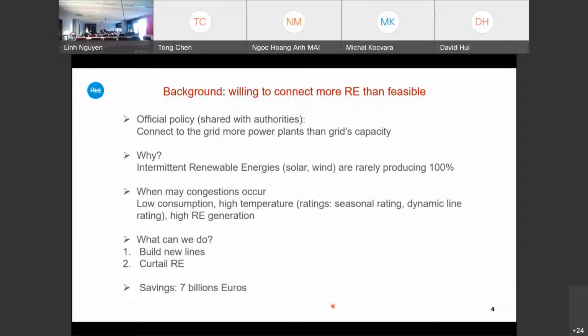The goal of this slide is to explain why. Intermittent renewable energy, so solar and wind, obviously are rarely producing 100%. If you look at a solar plant in winter, it will never be 100%.